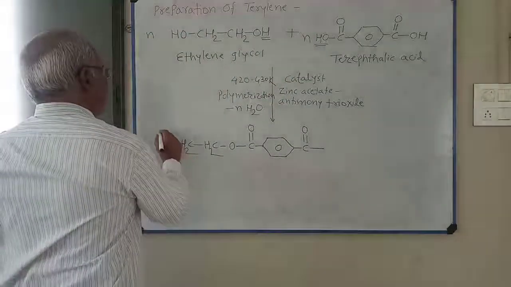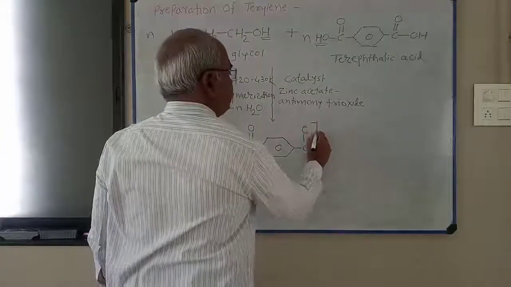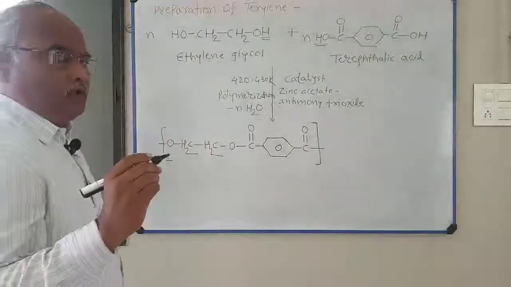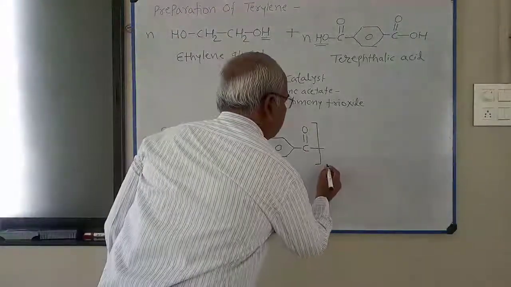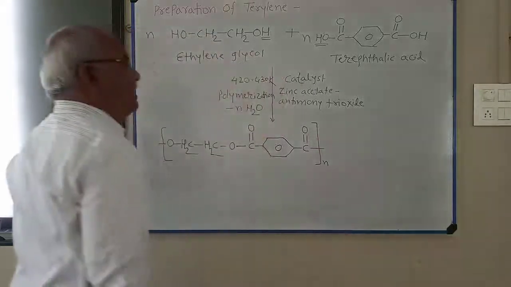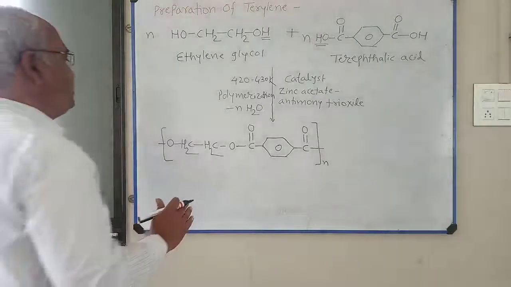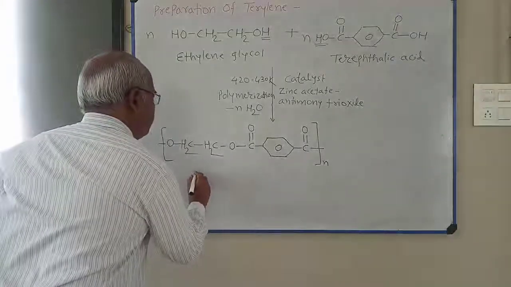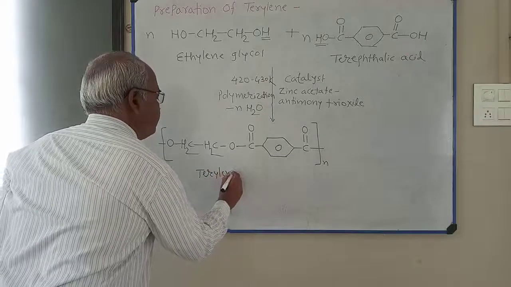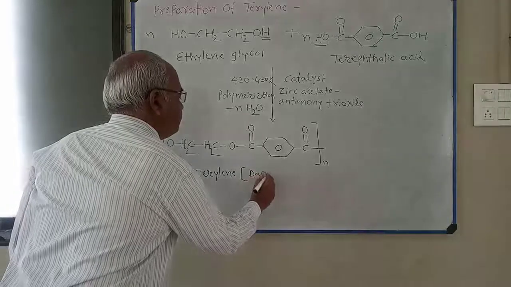So the polymer is represented by enclosing inside square bracket. The subscript N is written on the right side of the square bracket. So this compound is terylene. This is terylene or Dacron.